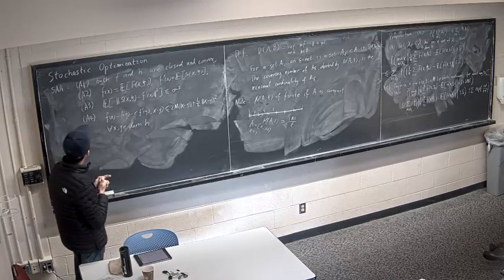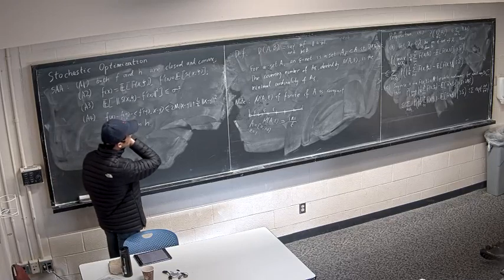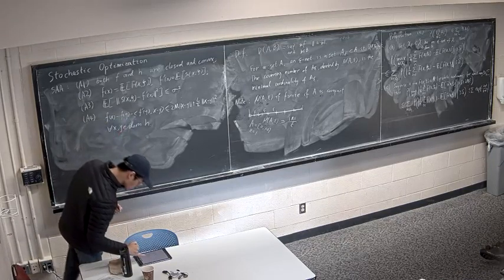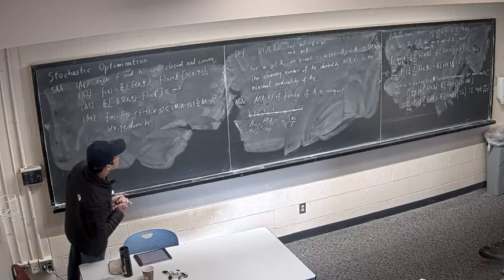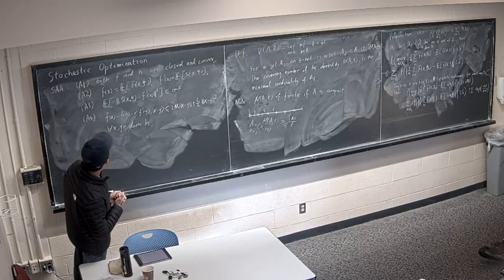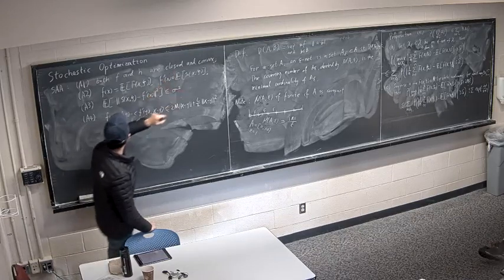We first assume both F and H are closed and convex. Here we don't need the domain for H to be bounded, it's not like in SA. We don't need to assume the domain for H is bounded, just closed.